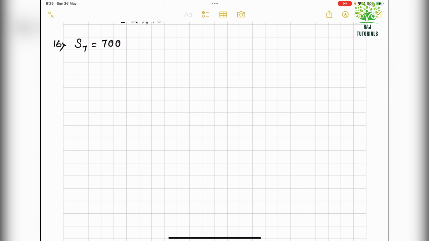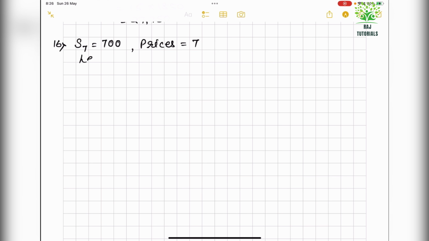Now next one is, a sum of rupees 700 is to be used to give 7 cash prizes. So prizes are 7 and the total sum is 700. So S7 is 700. To students of a school for their overall academic performance. If each prize is rupees 20 less than its preceding prize.